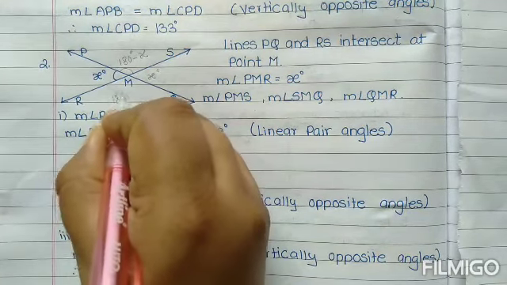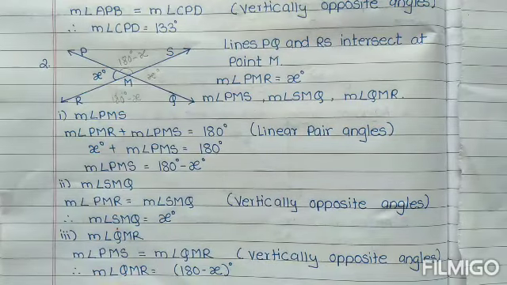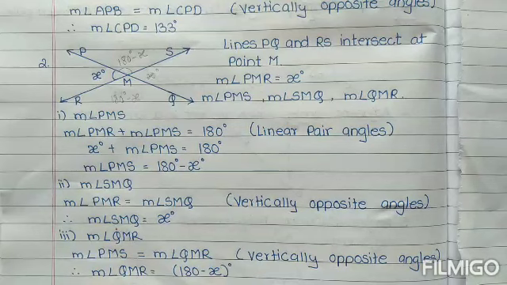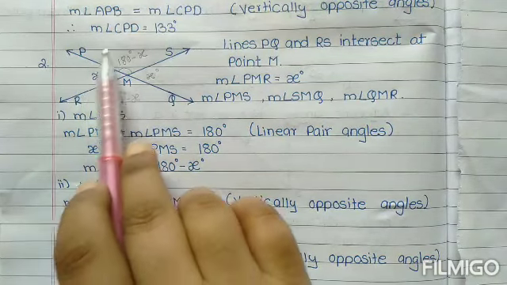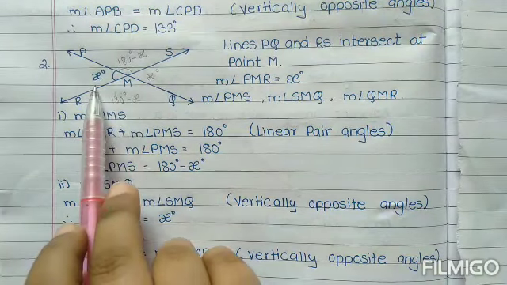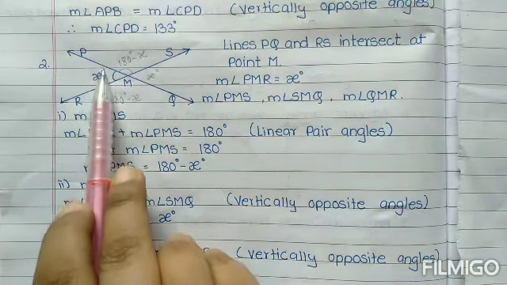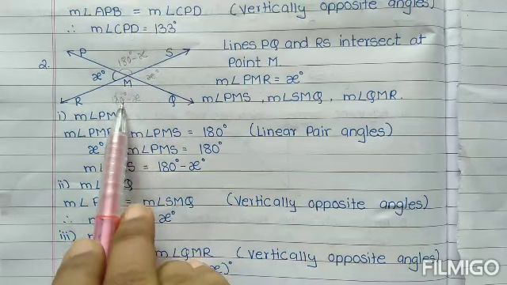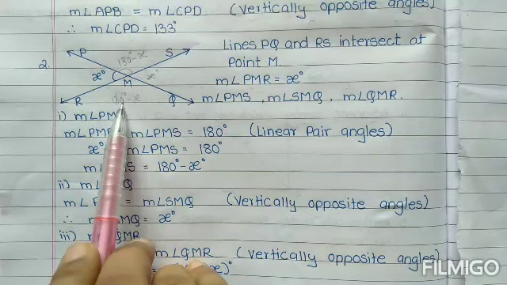Their measures are equal. So it is 180 degrees minus x. So for vertically opposite angles, if I know the measurement of one angle, with the help of that I can calculate the measurement of the remaining angles. Is that clear, everyone?